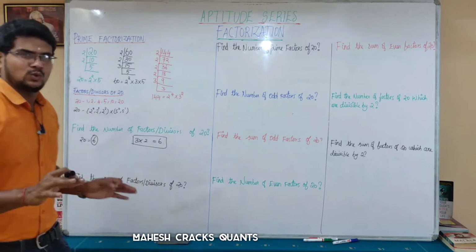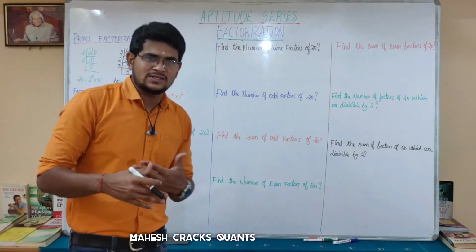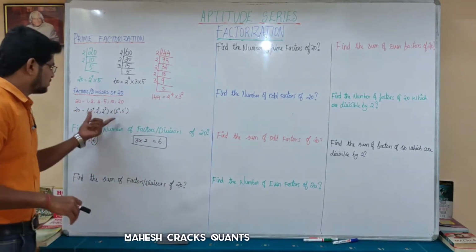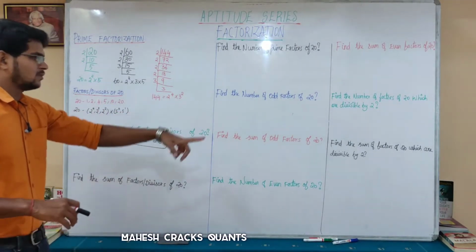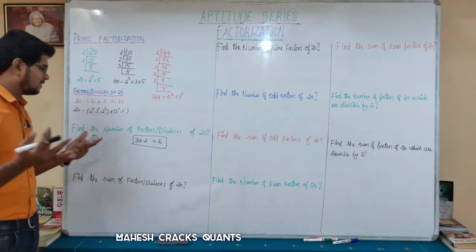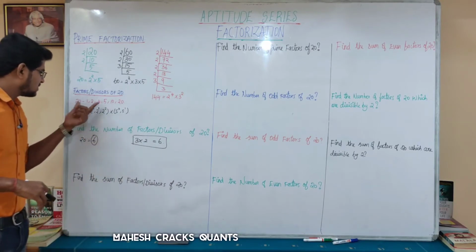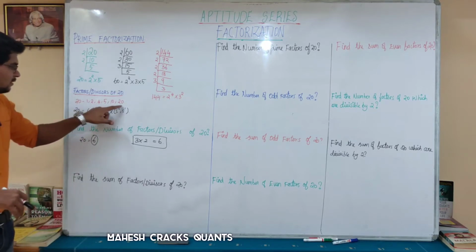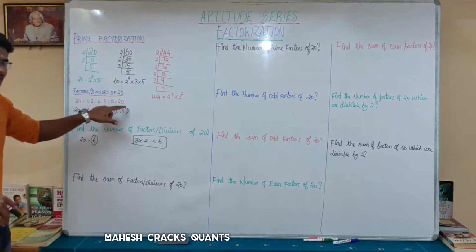First step we have to do whenever a question is on factorization, because all kinds of questions will be based on this. We are going to answer all the questions based on this. So first step you have to convert this. After that, if the question is about the number of factors, this is the manual method. You can do it by writing this.